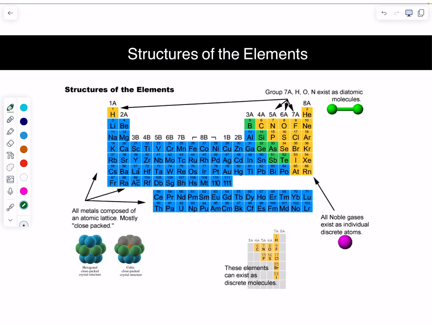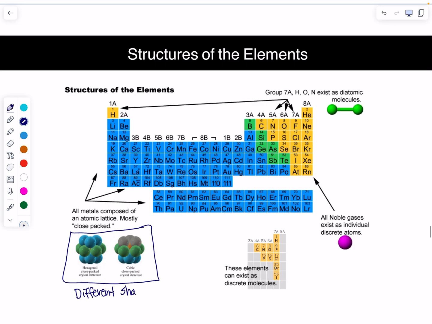But when we look at kind of microscopically how the atoms arrange when we have a sample of this element, okay? We have close packing and kind of regular arrangements that can be different shapes, okay? So for all the blue ones? Yes. Yep. So for our metals, when they're, again, when they're solids.